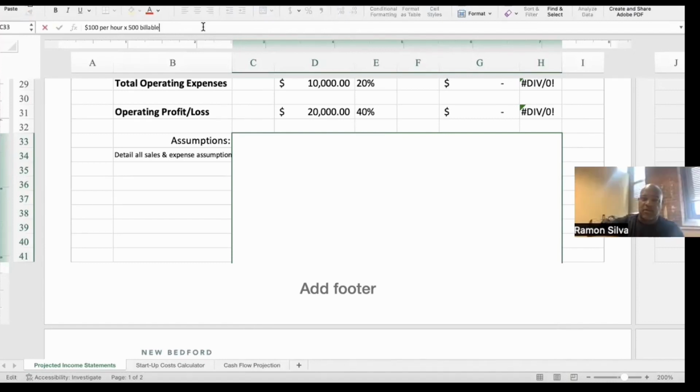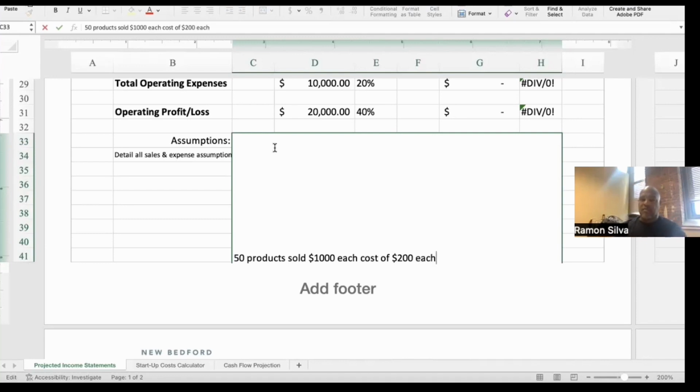For someone with a different type of business that may actually be producing a product, you could say, I am going to sell 50 products sold at $1,000 each. And you may have a cost of $200 each.